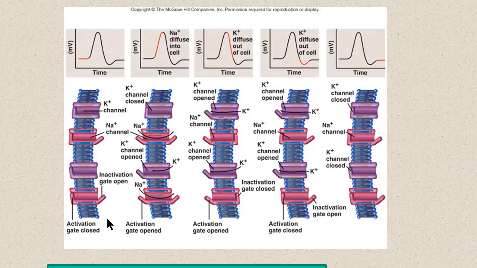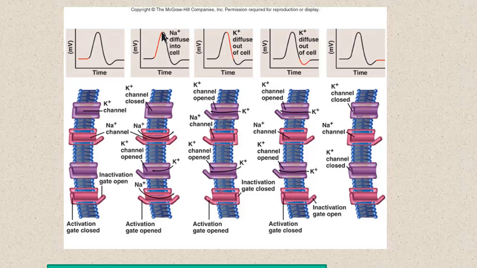So once these channels open, when the cell reaches threshold where we have enough sodium traveling in, we see a depolarization and a steep climb toward positive 30 or positive 20, depending on what source you're looking at.